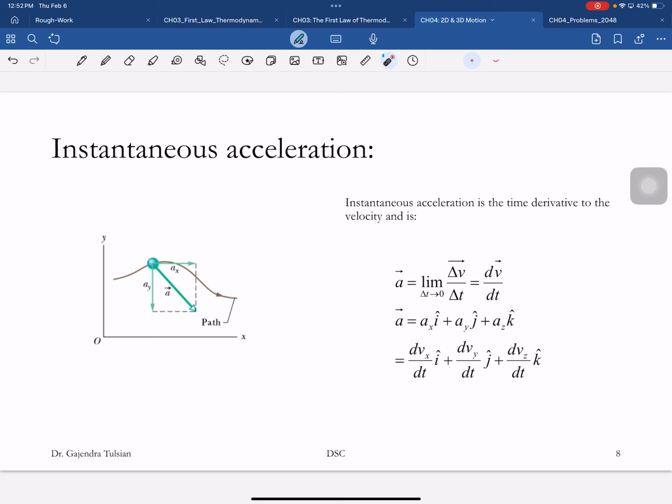So acceleration is dvx/dt, dvy/dt, and as you saw a little while ago, this is the second time derivative of x. So there are the equations.